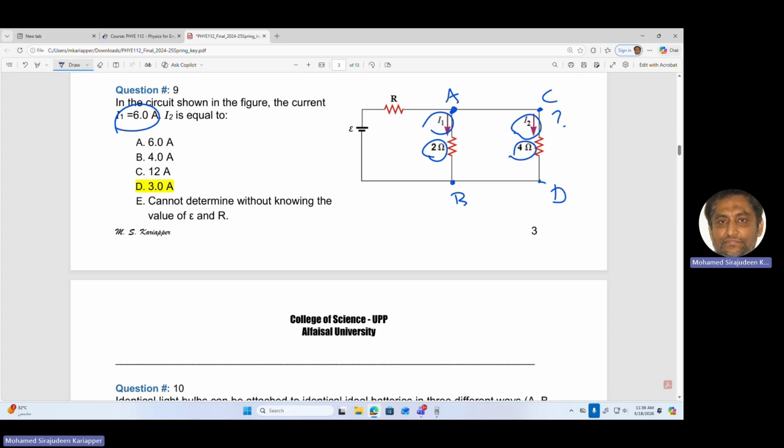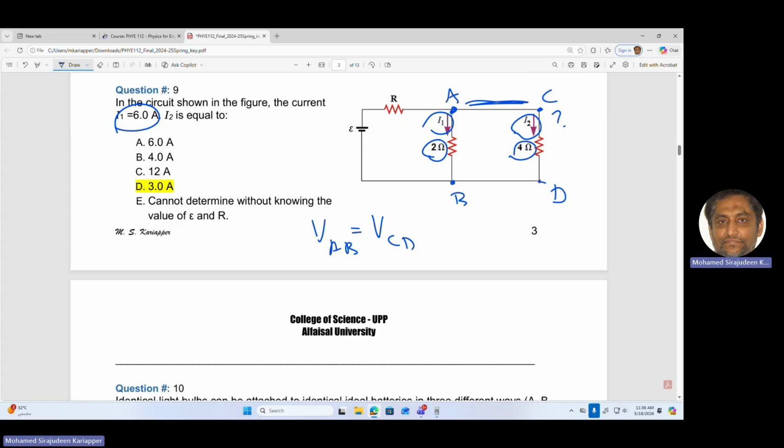Can I say VAB is equal to VCD? Why not? A and C are at the same potential. Do we have anything in between A and C? No. This is a zero resistance, so there is no drop here because we say these wires are superconductors.